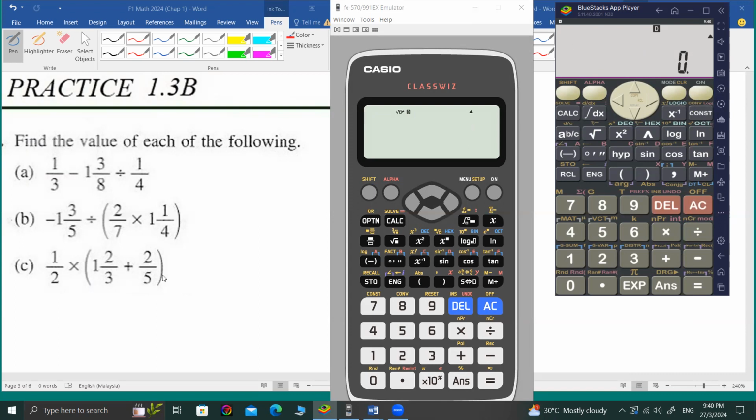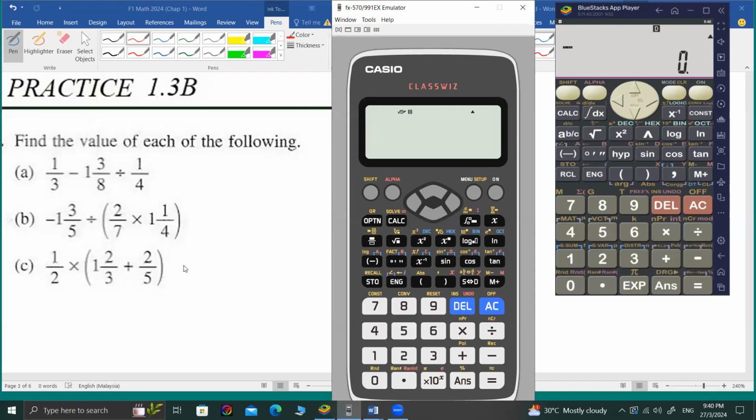Okay, can I have this answer? What is it? C. Qianni, what is the answer? Can I get this? Any of you get this answer already? Let me know what is the answer.